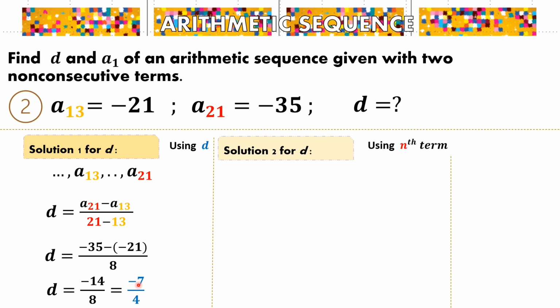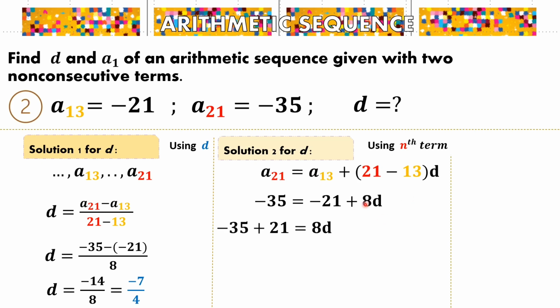Solution 2 by using the nth term. Using a sub 21 equals a sub 13 plus quantity 21 minus 13 times d. A sub 21 again is negative 35 is equal to a sub 13, which is negative 21, plus 21 minus 13, which is 8, times d.